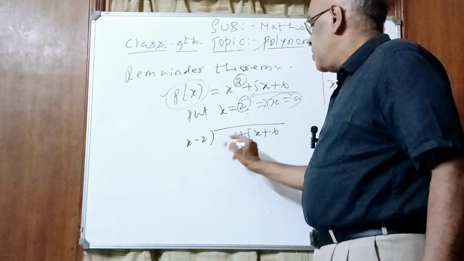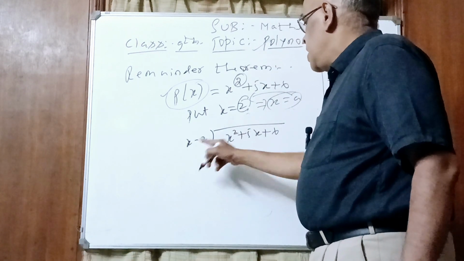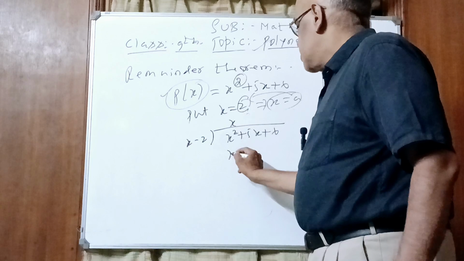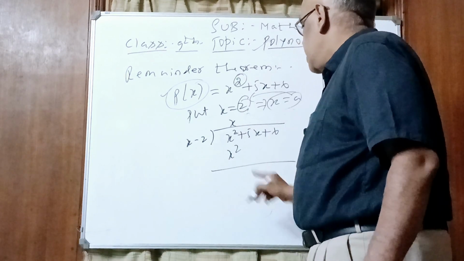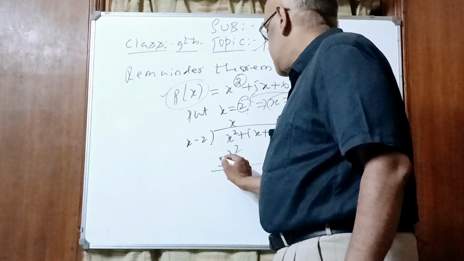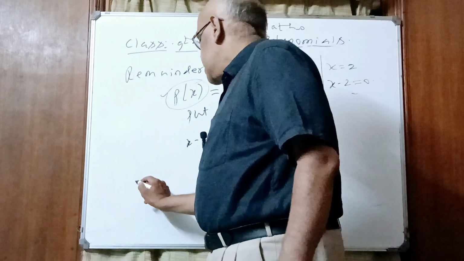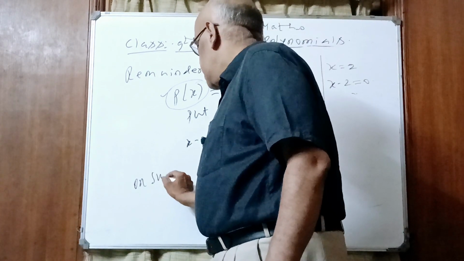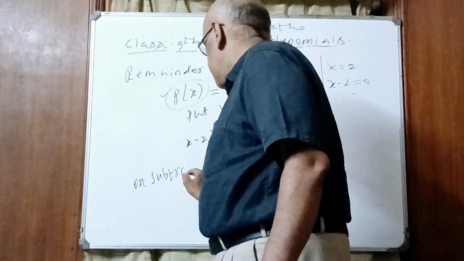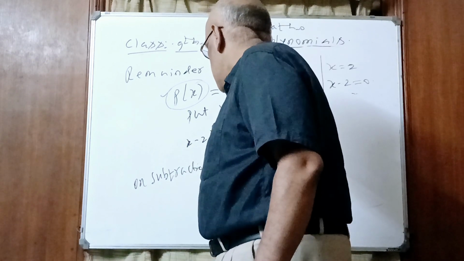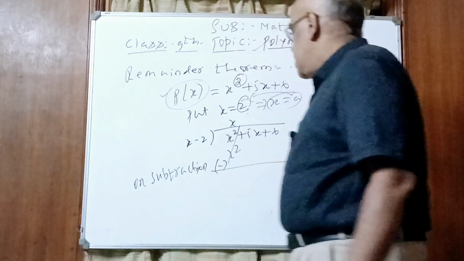Yes or no, children? X into x, x square. Then subtract, x square no. On subtraction, you should say on subtraction.